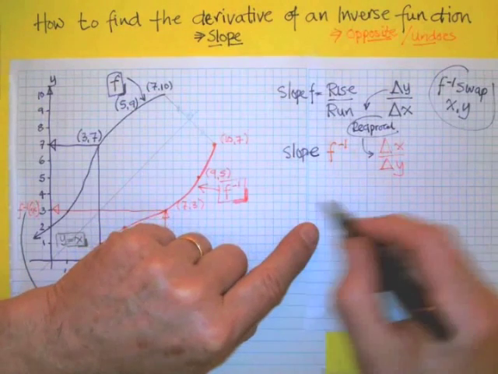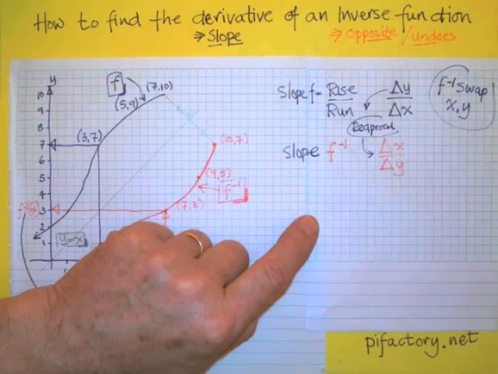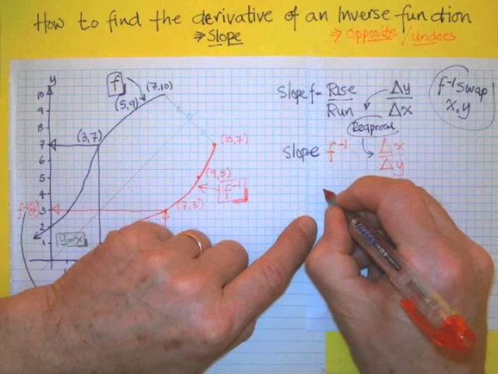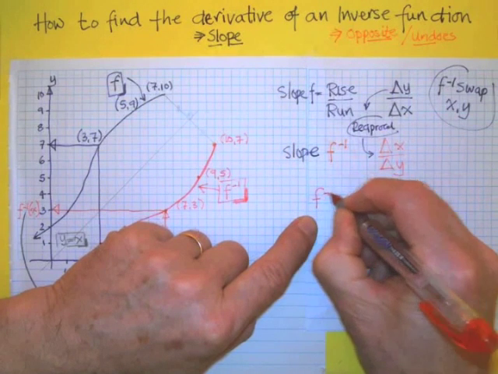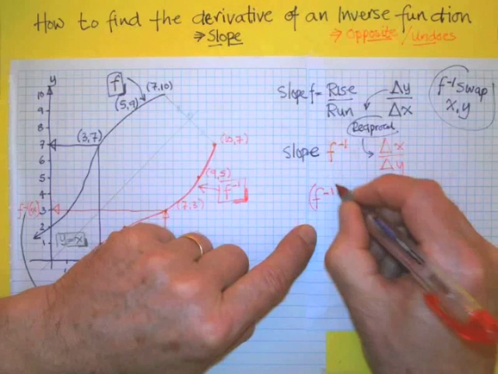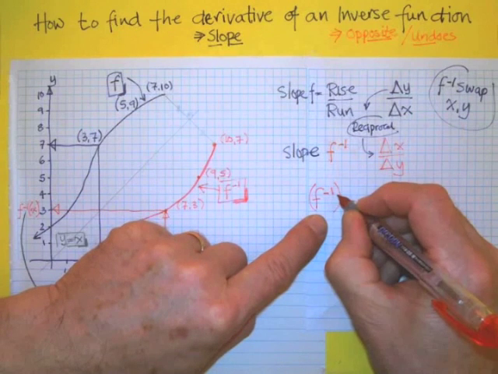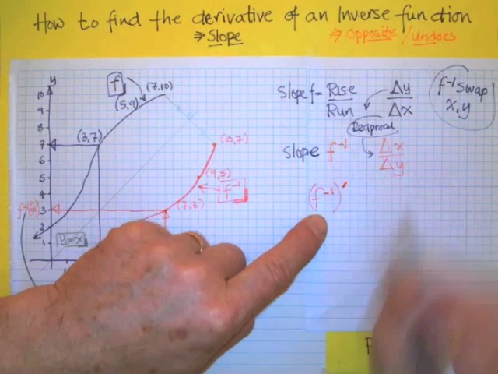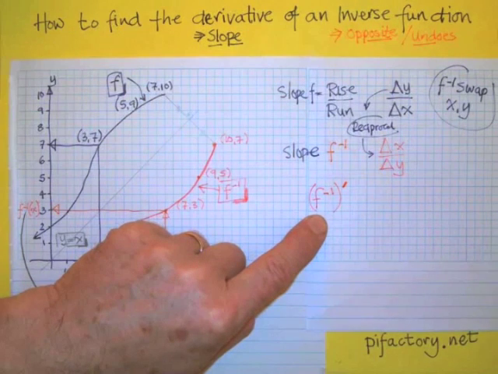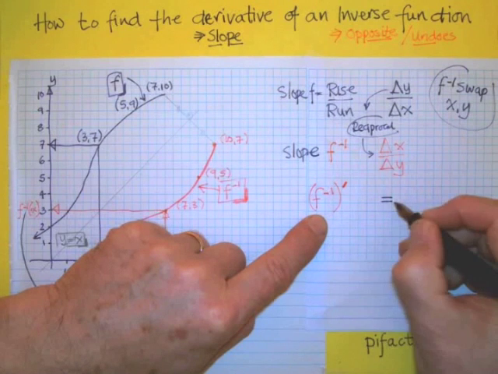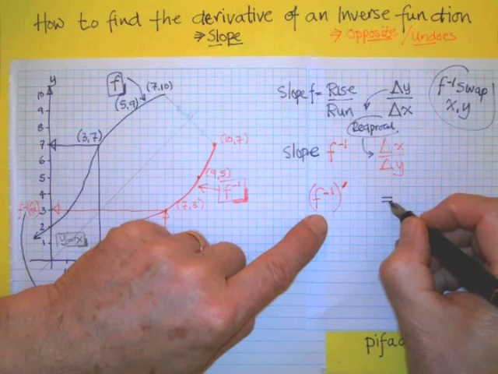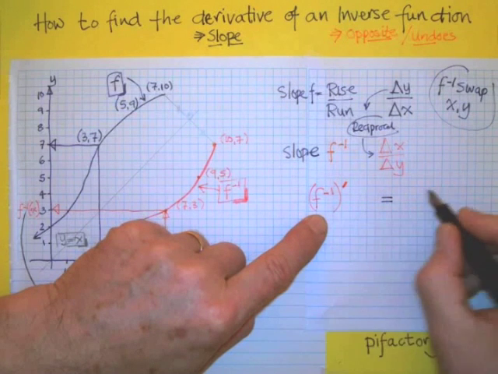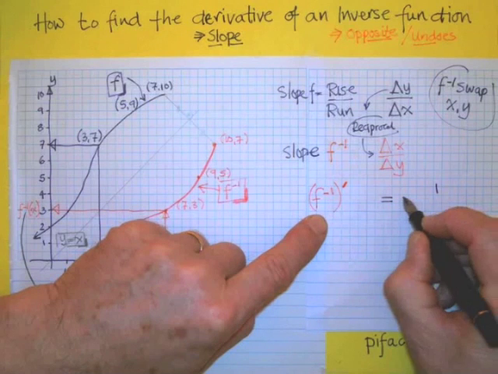So we can start to use a little bit of notation here. And we're going to try and keep the colours the same. So the slope of inverse f, and we've used prime for slope, is going to have something to do with... I'm going to put an equal sign here at the moment because we're going somewhere, but for the moment, the equal sign is not really being accurately used.